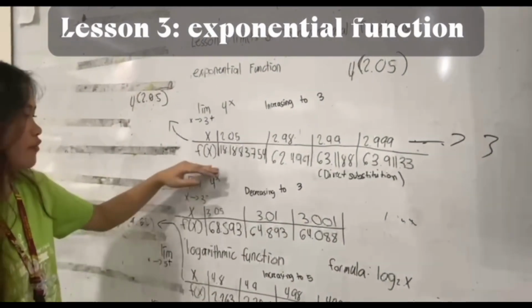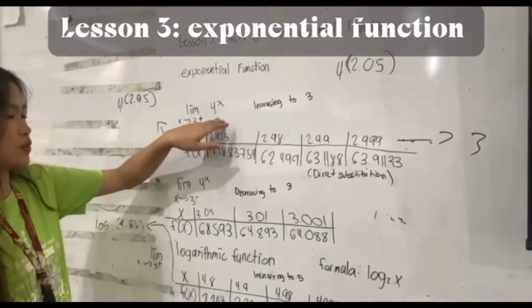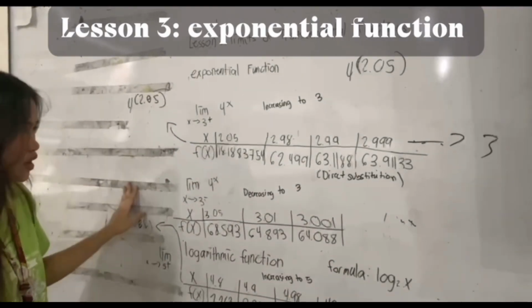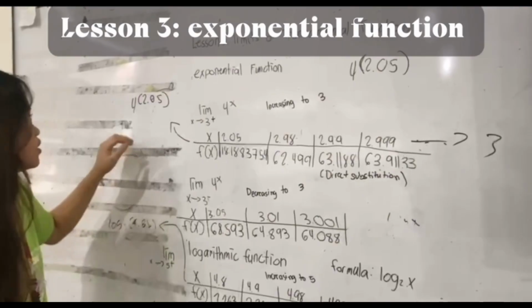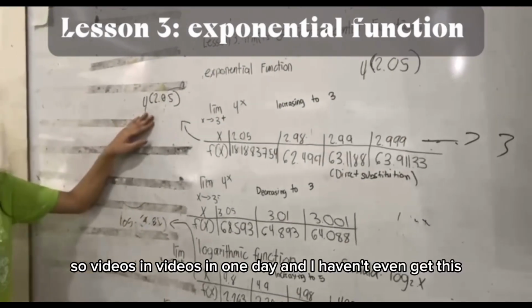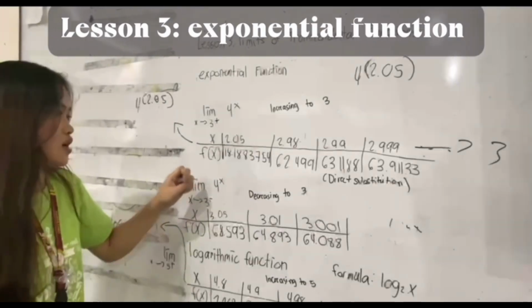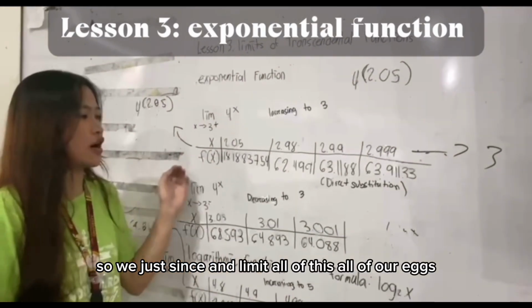To get our f of x, we need to direct substitute these into our f of x. So we just input this in our equation to get this. So we just substitute all of our x.